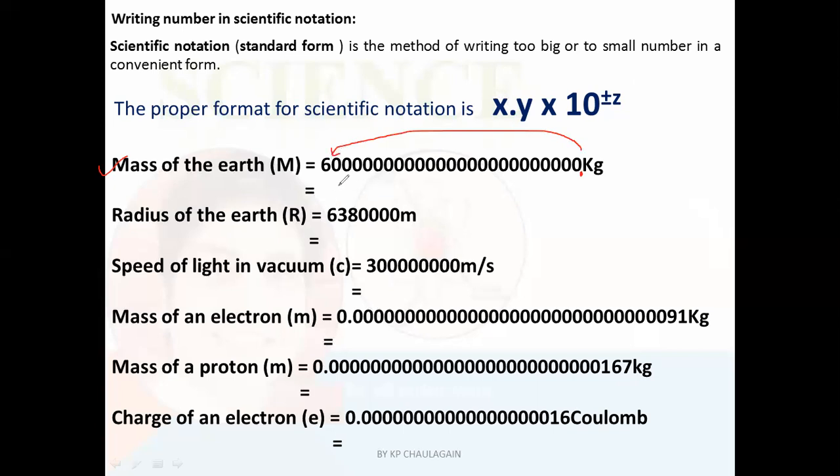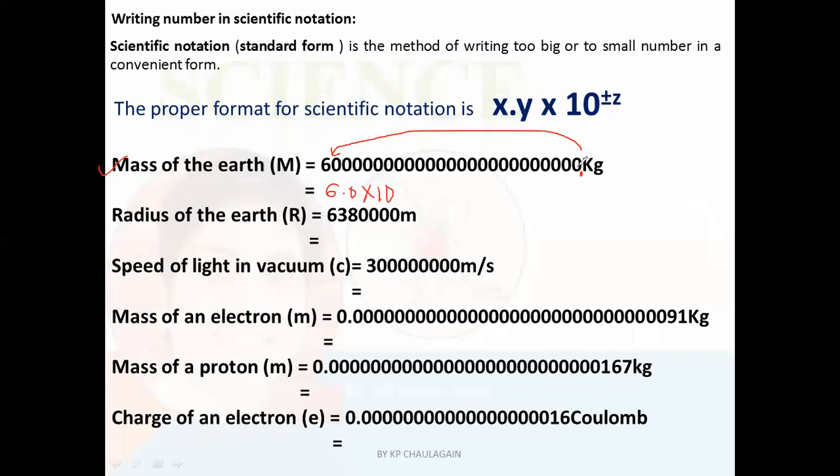So that we are going to write the number 6.0 into 10 to the power. Now, how many digits have we shifted the decimal point? You have to count that and keep it in the power.